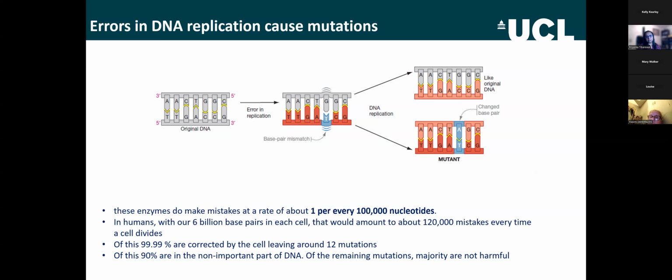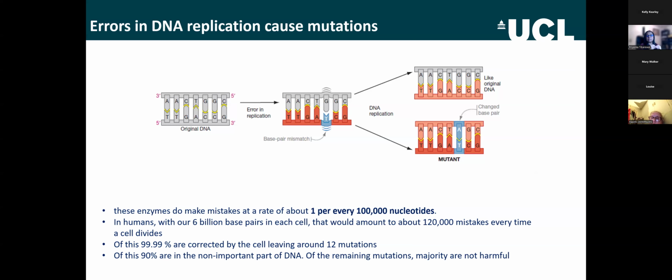So to be able to provide that, what the cell does is it first doubles up its DNA. So from the 23 pairs, you get 46 pairs. And then when the cell divides, it gives you 23 pairs in one cell and 23 pairs in the other cell, and so on. Now we have 6 billion base pairs in each cell.